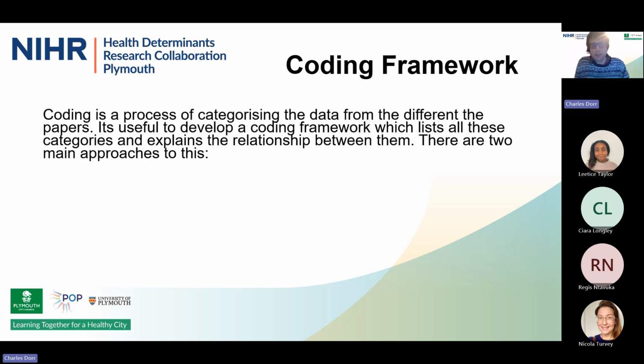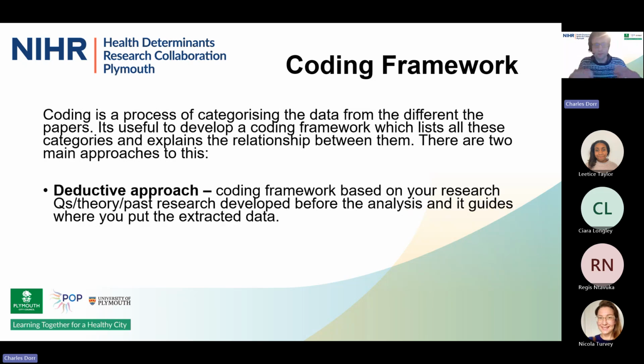And there are two main approaches to this. One is a deductive approach. So this is where your codes, the things you're interested in, are based on your research questions, on research theory, on past research that was undertaken and developed before the analysis took place, and it guides where you put the extracted data.